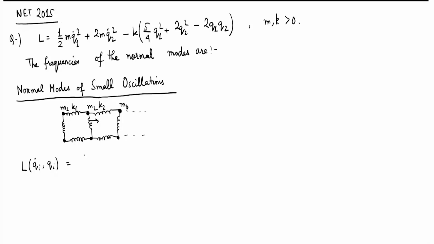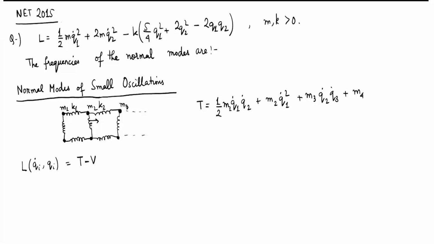So it is T minus V. T contains something like this, say half into m into q1 dot q2 dot, plus m2 q1 dot square, plus m3 into q2 dot q3 dot, something, it goes on, plus m4.